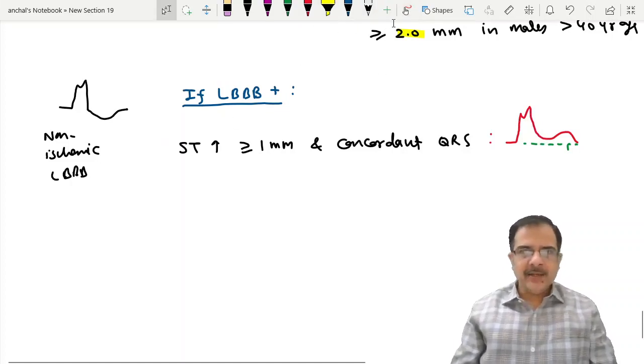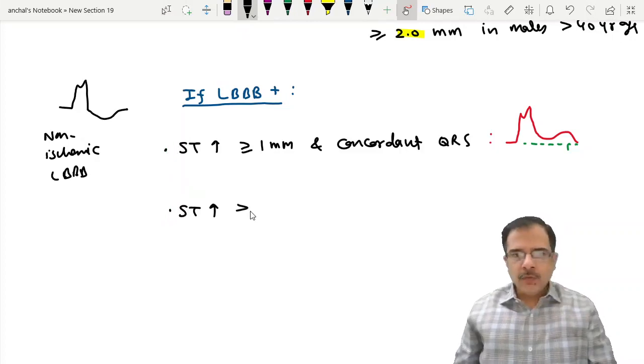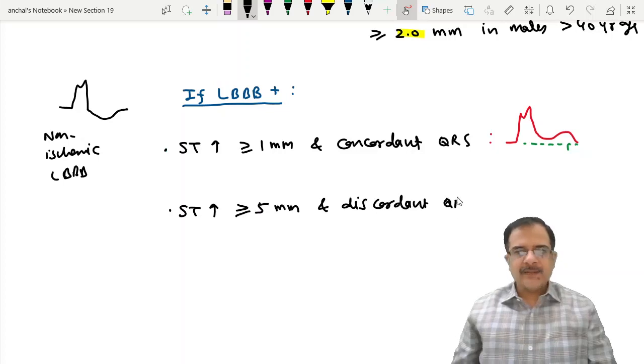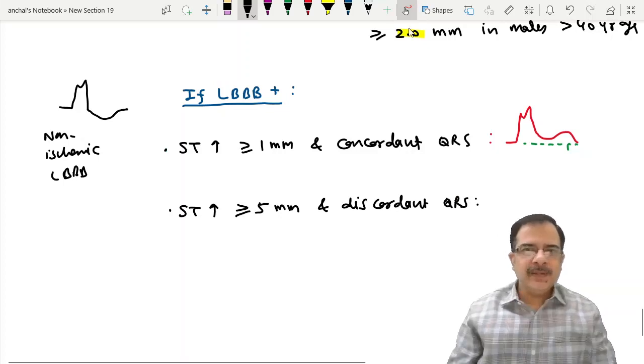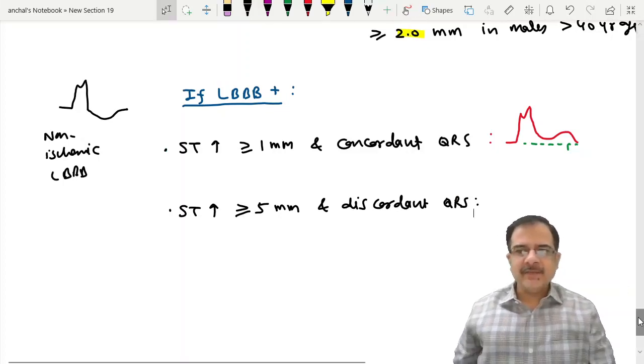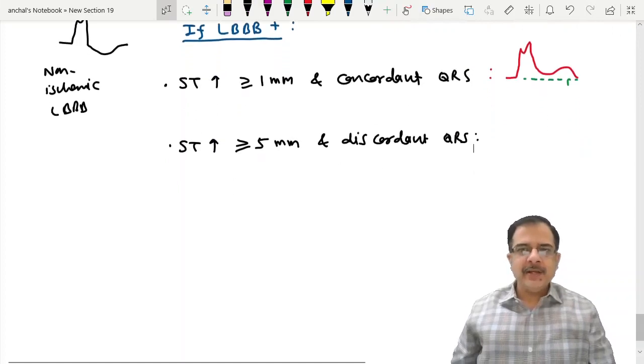The second criterion along with the left bundle branch block is ST elevation of more than 5 mm with discordant QRS. Discordant QRS means the QRS is negative, the ST segment is elevated and the QRS is negative.